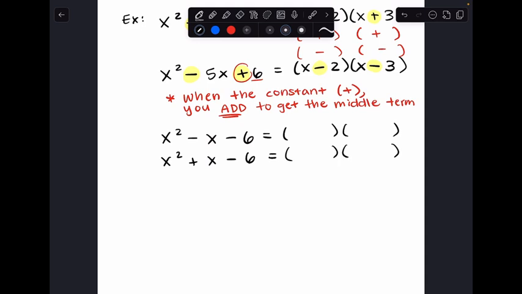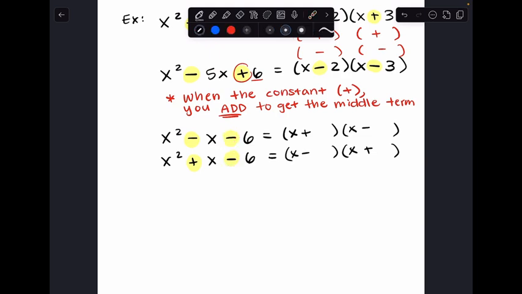I just want you to focus on the signs. So we have a minus and a minus. If that were the case, you're going to have a plus and a minus. So you're going to have 2 different terms. So x plus, x minus. For this one, plus and minus, you're going to have x minus, x plus. So I just want you to see here that the symbols are not the same anymore. And that's because we have a minus here.